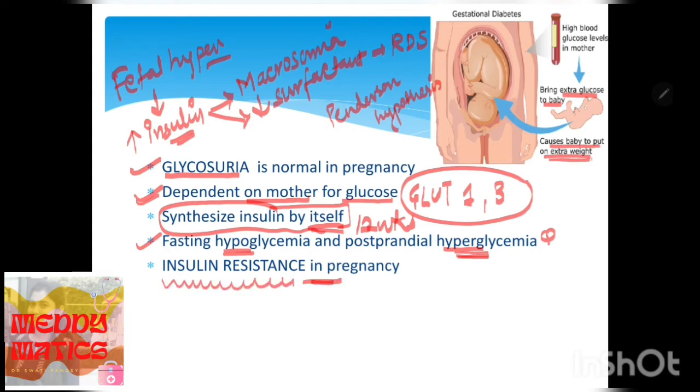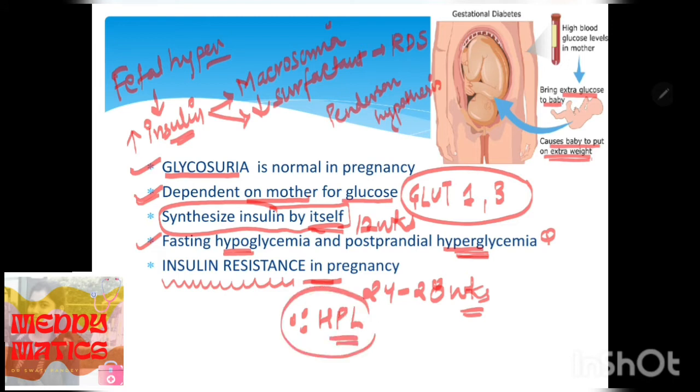The maximum insulin resistance is seen at 24 to 28 weeks of pregnancy, mainly because of HPL, human placental lactogen, though other hormones like estrogen, progesterone, and cortisol also contribute. But mainly it is due to HPL. So, pregnancy is an insulin resistant state.